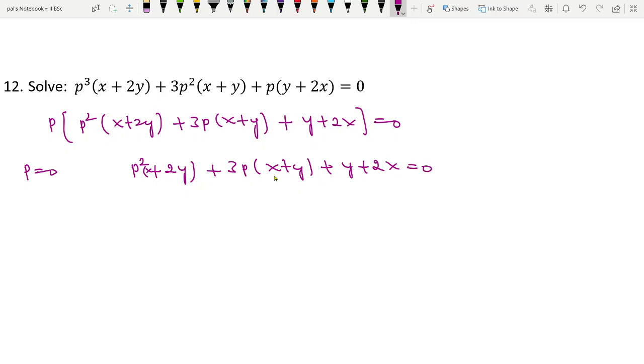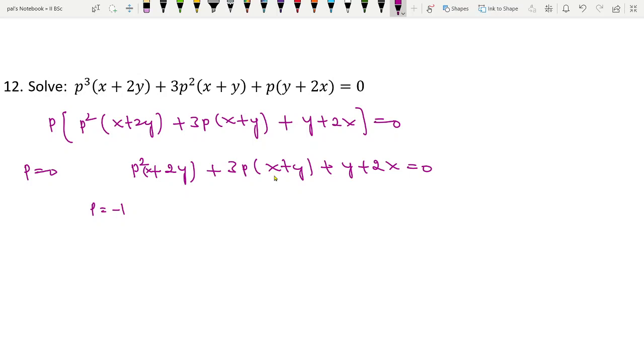To find the another 2 factors, or to solve this quadratic equation, you give some values to p. Give p some value and see whether 0 comes. So you check whether it is possible to get 0 or not. So I am giving here p is equal to minus 1.